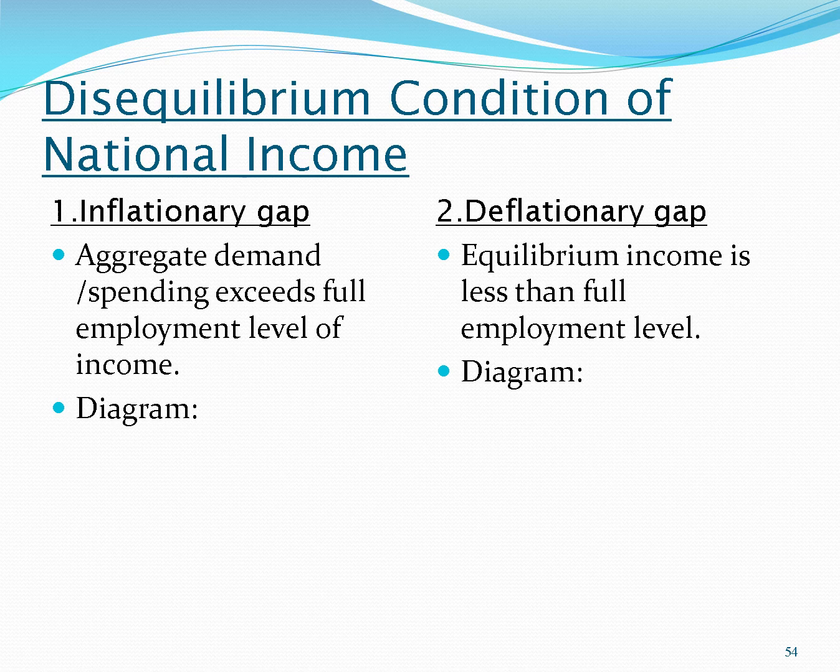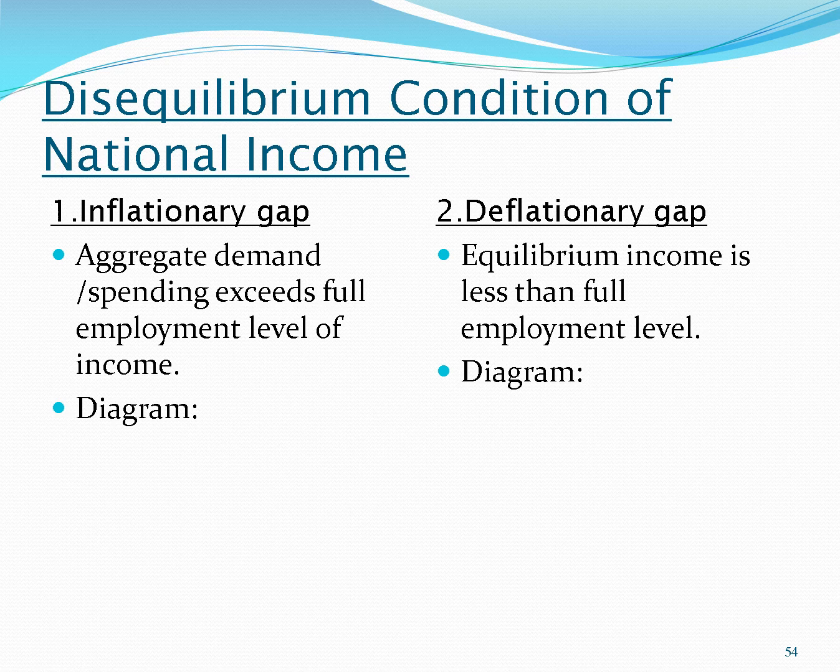These are two conditions of equilibrium in the national income: the inflationary gap and the deflationary gap. What is the inflationary gap? It is when your aggregate demand or your spending exceeds your full employment level of income, because in our income there is a limitation, or aggregate supply.